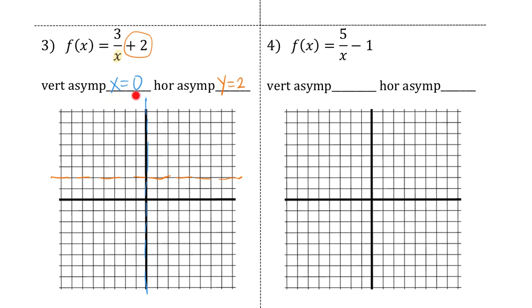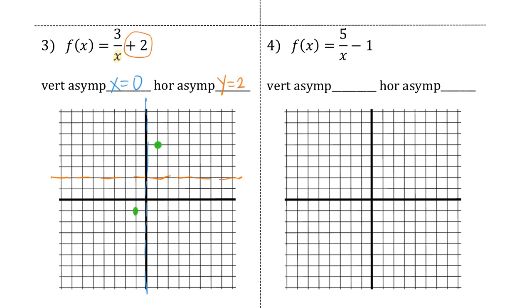Since my vertical asymptote is x equals 0, let's plug in x equals 1. I get 3 divided by 1 is 3, plus 2 is 5. Then if I plug in -1, 3 divided by -1 is -3, and -3 plus 2 is -1, which is down here.